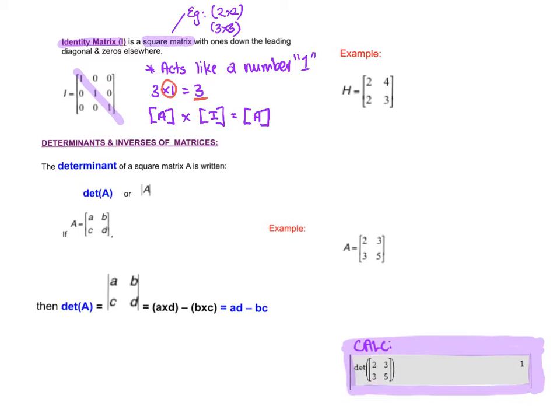So now we're going to go on and look at the inverse matrix. So the inverse of matrices. What I want you to remember, if you have x, the inverse of x is actually equal to, you can either call it 1 over x, or it could be like that, x to the power of -1.